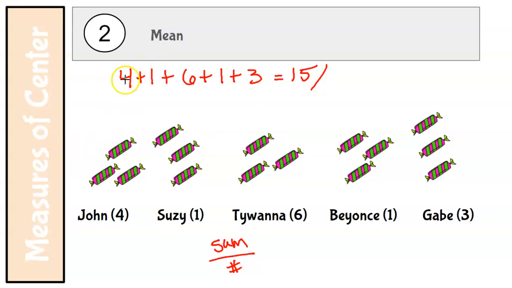Divided by how many pieces of data I had, or how many students are getting candy, and each one is going to get 3. And that's what finding the mean is: taking some from the high and giving it to the lower until you're all averaged out in the same amount, or you just add them all up and divide by how many you have.